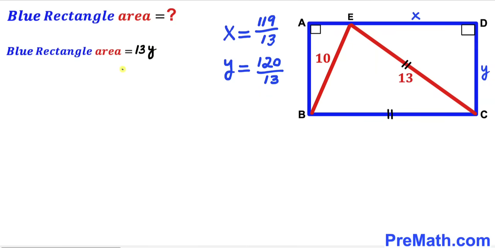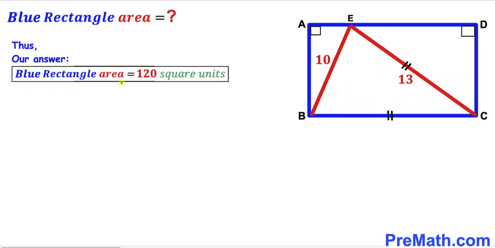So the blue rectangle area is going to be 13 times 120 divided by 13, and here we can see the 13 and 13 are gone. So the blue rectangle area turns out to be 120 square units. Thus the area of this blue rectangle ABCD is 120 square units, and that's our final answer.